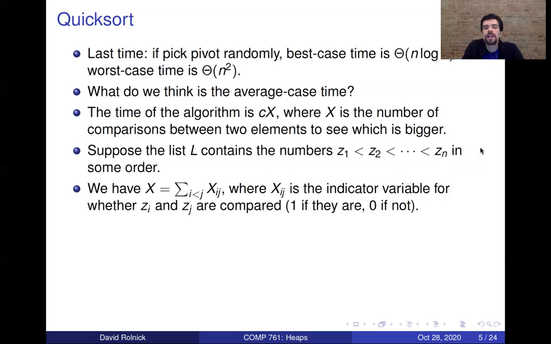Xij is the indicator variable to see whether zi and zj are compared. The indicator variable just means it's 1 if they are, it's 0 if they're not. And you see why X is equal to the sum of Xij. So why does this help us? What technique can we use? What thing can we use?